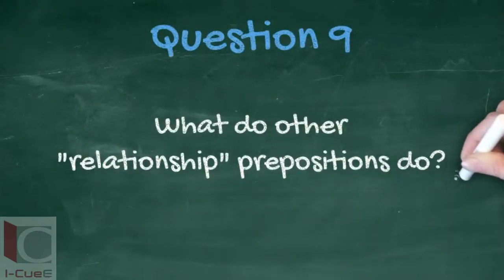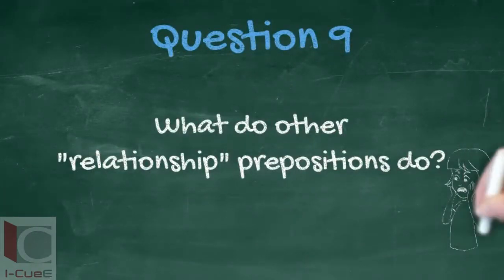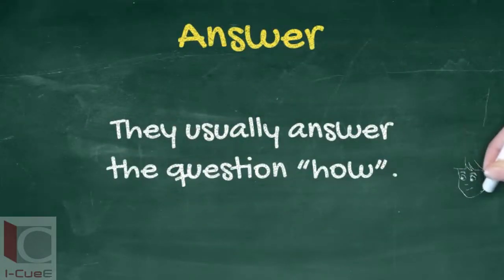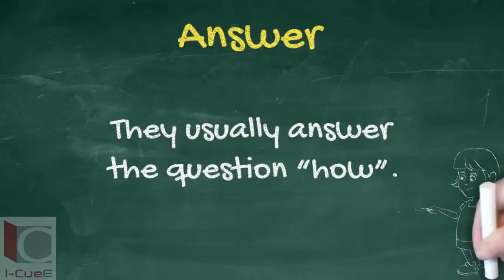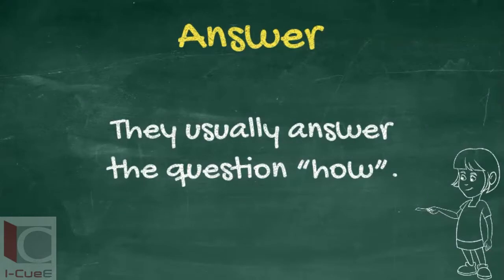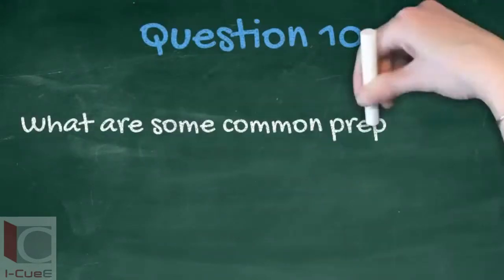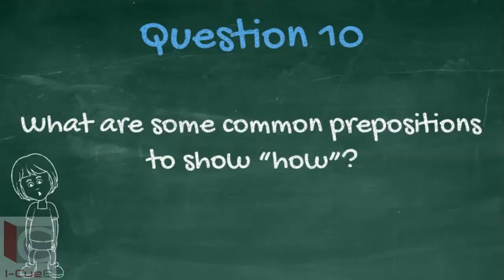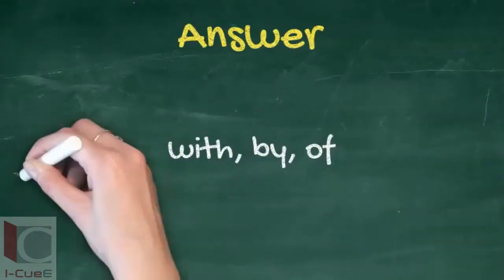What do other relationship prepositions do? They usually answer the question, how. What are some common prepositions to show how? With, by, of.